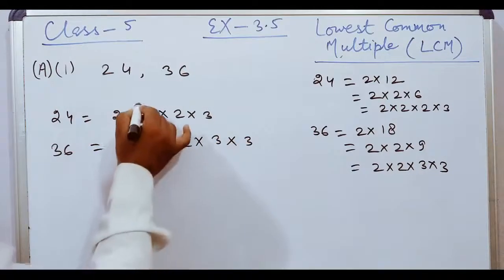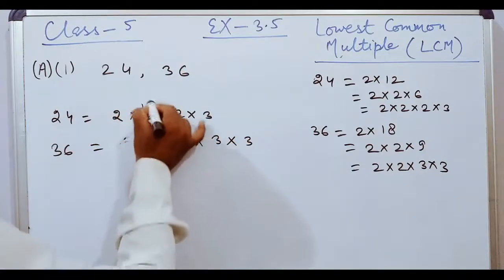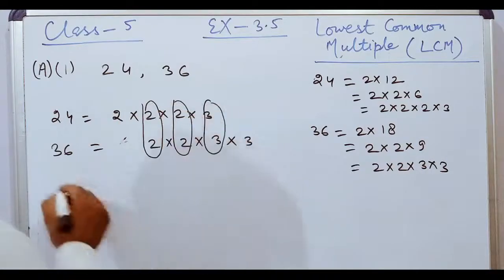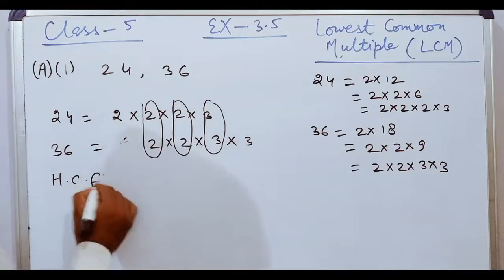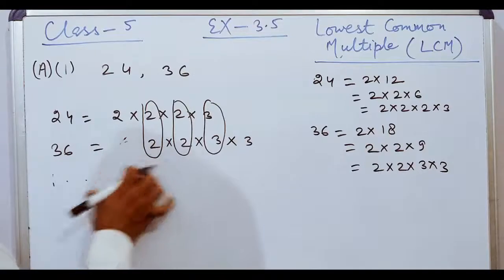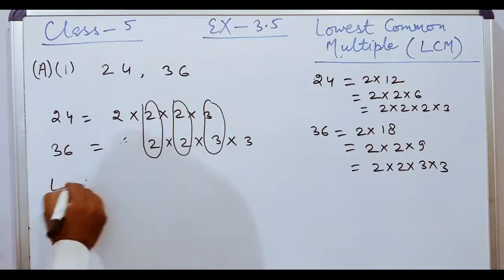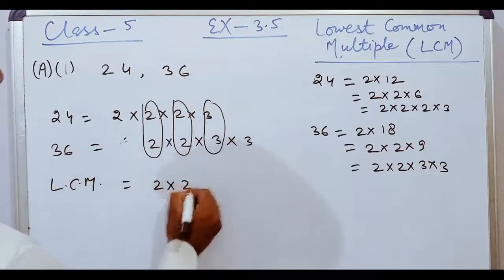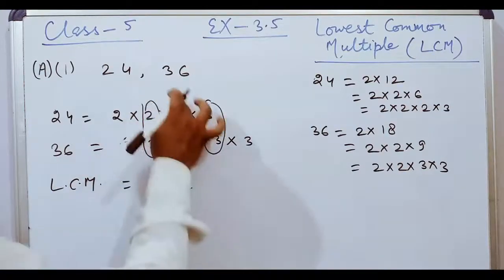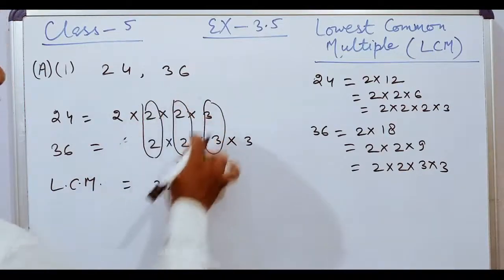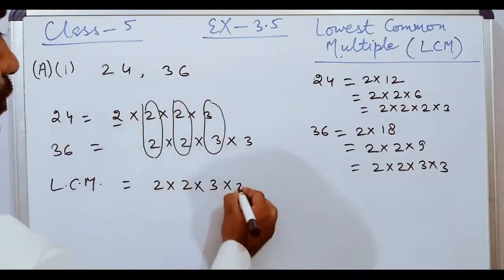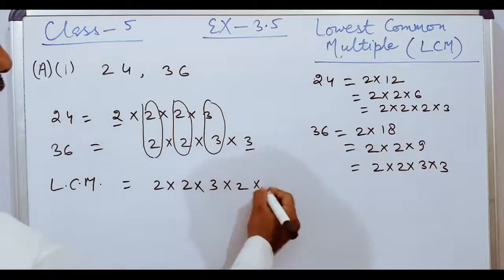So dear students, these common factors we will write together. Sorry, we are finding the LCM. For the LCM, common factors are written together but only one time: 2 into 2 into 3, and then the remaining 2 into 3.